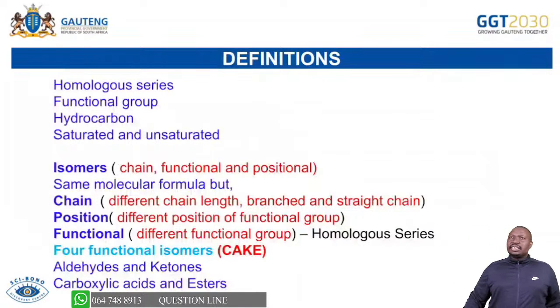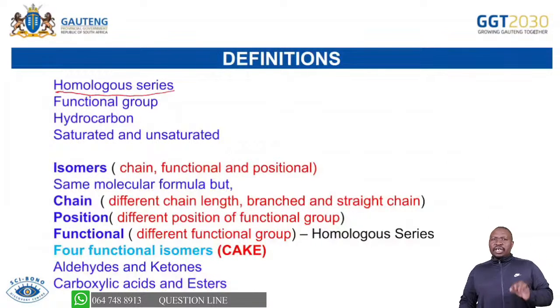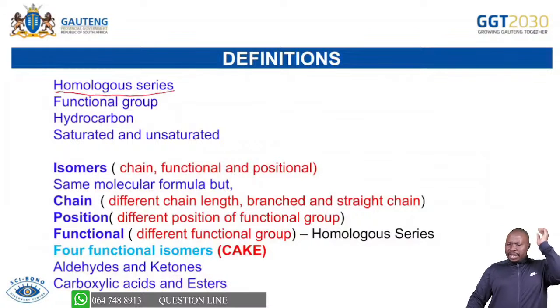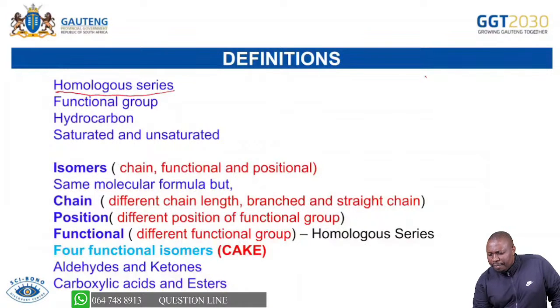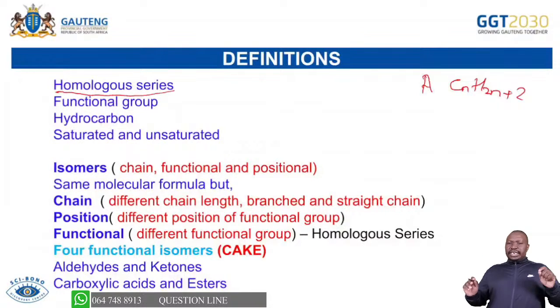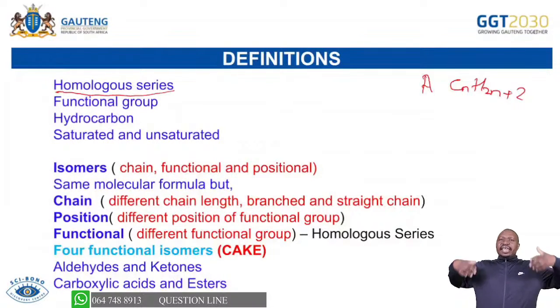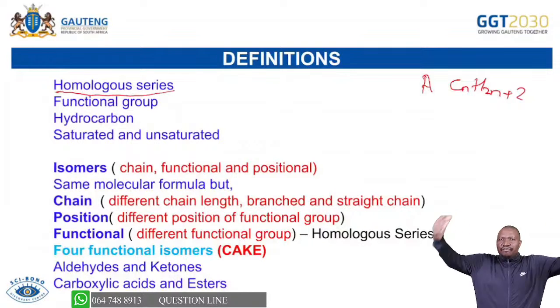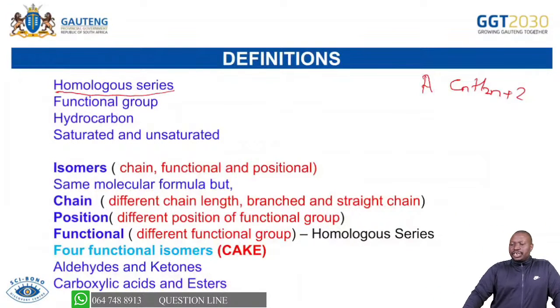The issue of homologous series: remember, we're saying these are series of organic molecules that are described by the same general formula. If you are saying, I belong to a family called alkanes, you have the same general formula, which is CnH2n+2.